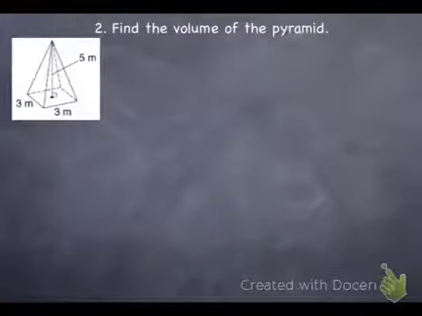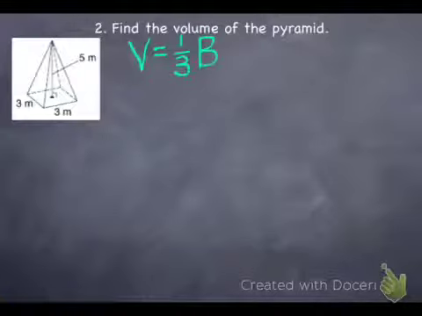Alright, number 2, we've got find the volume of the pyramid. And this pyramid has a square base. They also gave us, I think on your PSL, the formula for volume: volume equals 1/3 capital B, meaning the area of the base, times height.